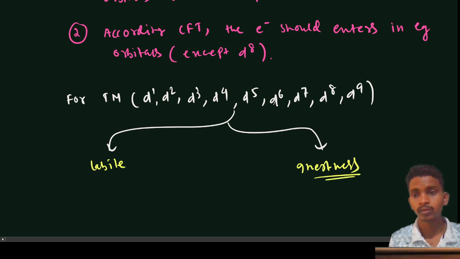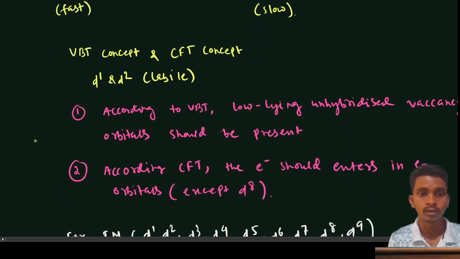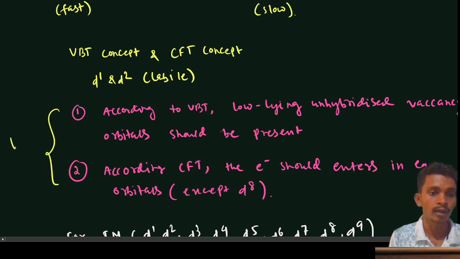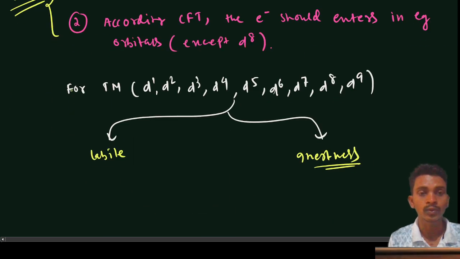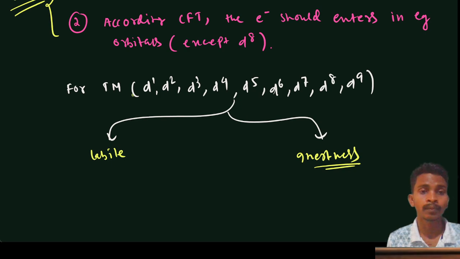These are for labile. Labile means they do fast reactions. So for labiles, either the vacancy of low-lying unhybridized orbitals should be present, and that will be present for d1 and d2.